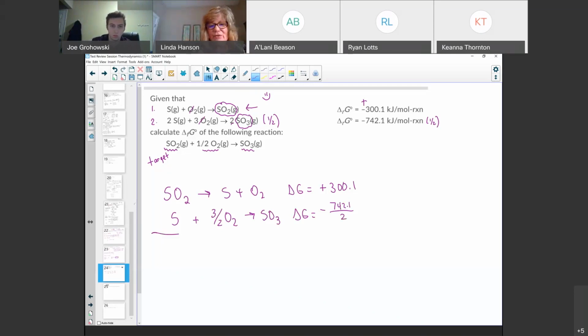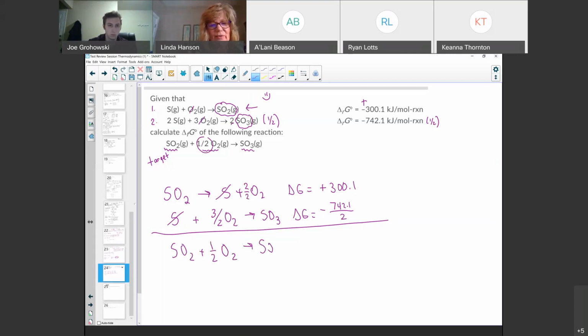When I add those two equations together, the sulfurs cancel. 1 mole of oxygen and 3 half moles of oxygen: think of this as 2 over 2. It's 1 oxygen; 3 halves minus 2 halves is 1 half. So we get sulfur dioxide plus half an oxygen pointing at SO3.